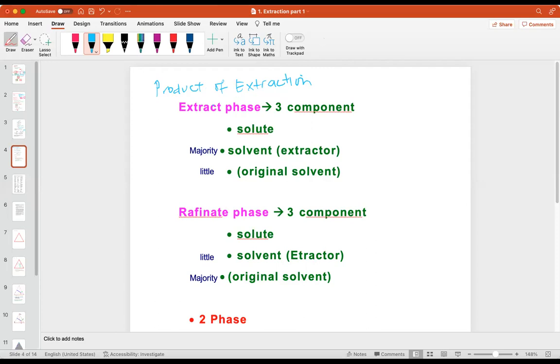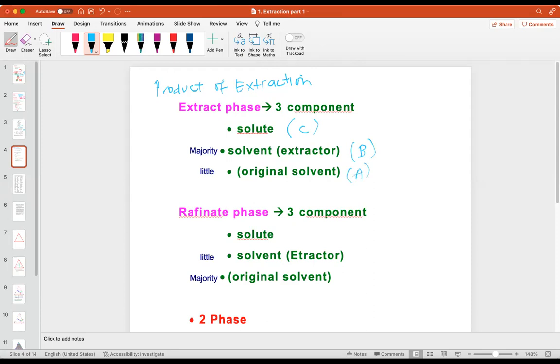Okay, so the extract phase will have three components. The first component is the solute, and then the extractor, or the solvent that extracts the solute, maybe B, but again, maybe there is still a little of the original solvent A. It does happen.